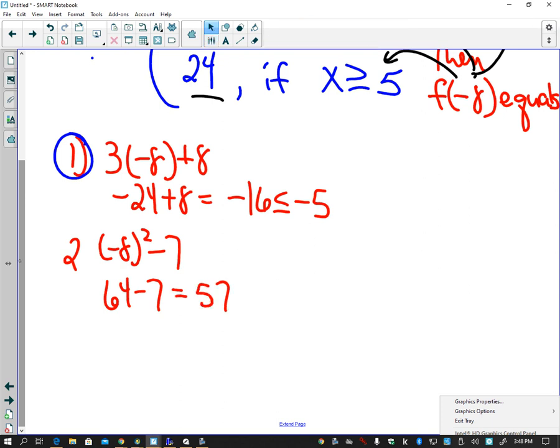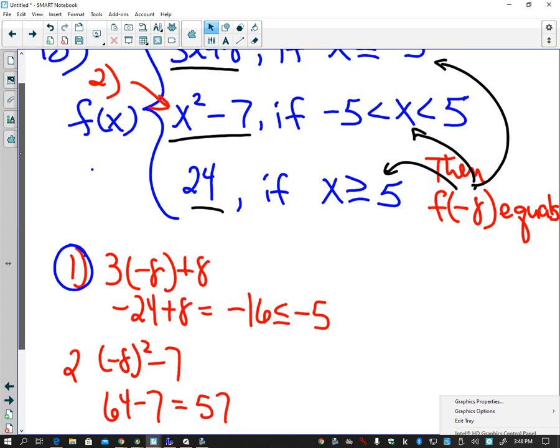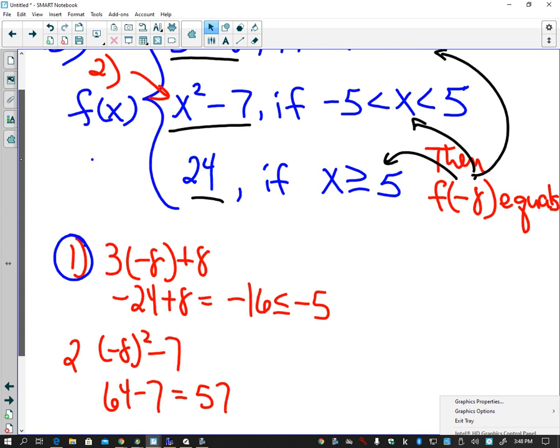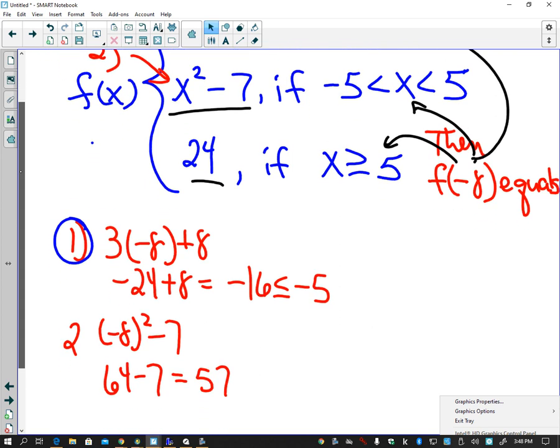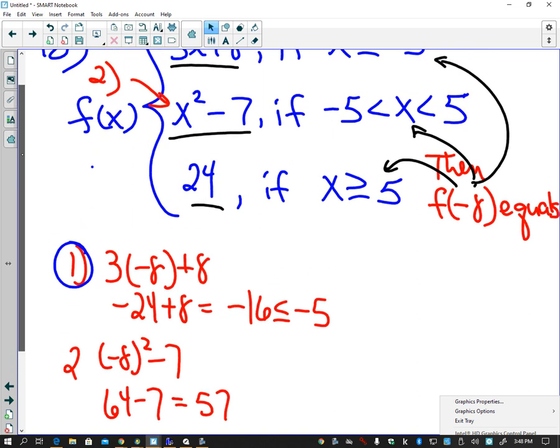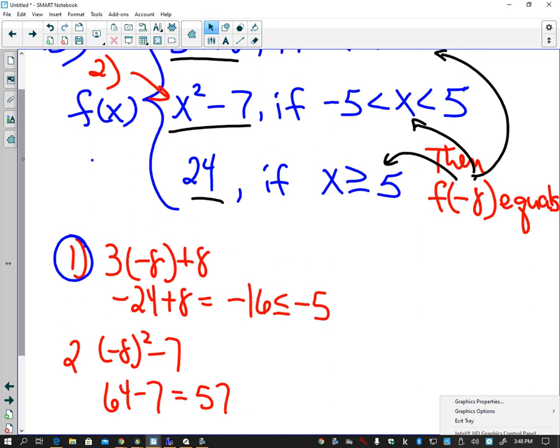So come back up here and look at the parameters. Is that less than 5 or greater than negative 5? Well, it's greater than negative 5, but it's not less than 5. So we don't end up using this, because it's not true here.